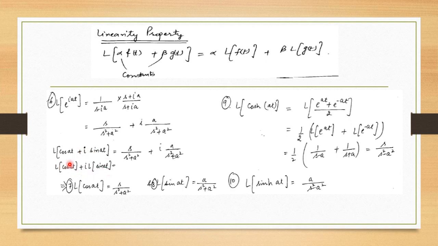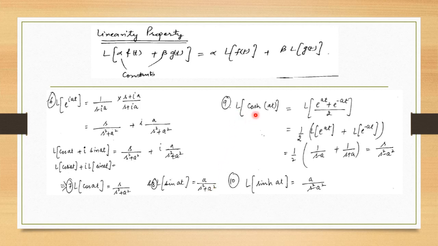So now compare both sides. The Laplace of cos at is the real part, which is s upon s square plus a square, and the Laplace of sin at is the imaginary part, that is a upon s square plus a square. So the Laplace of cos at is s upon s square plus a square, and of sin at it is a upon s square plus a square.